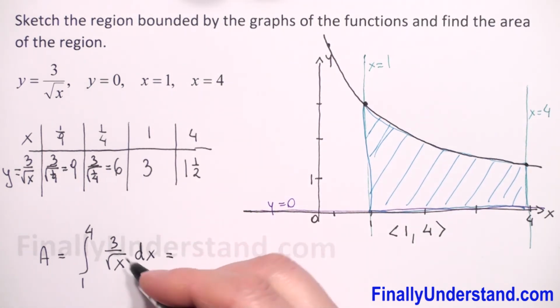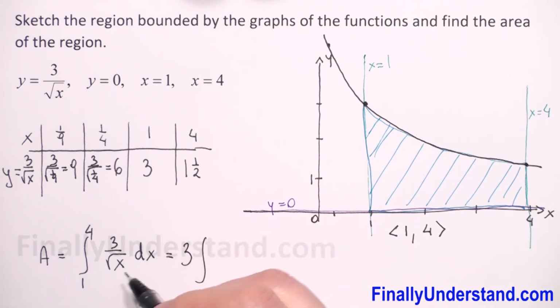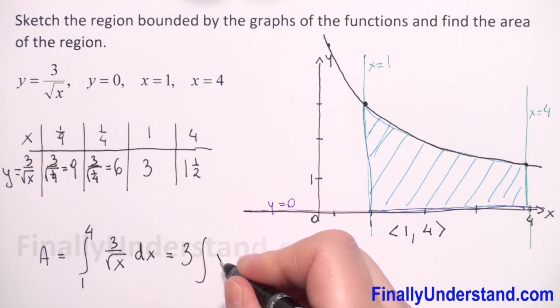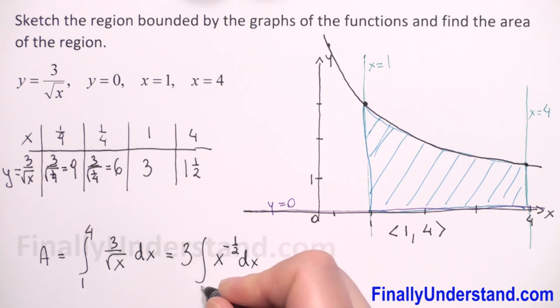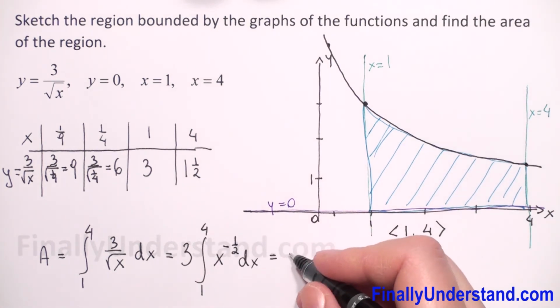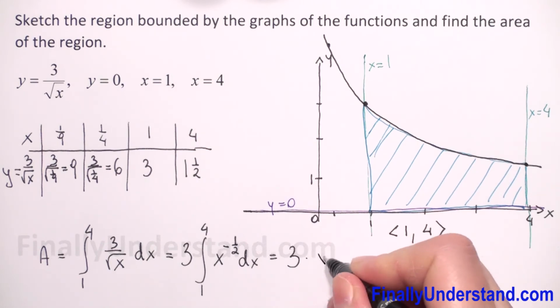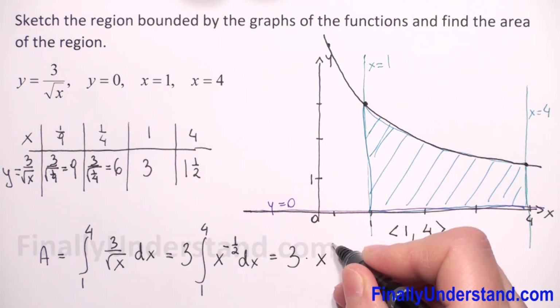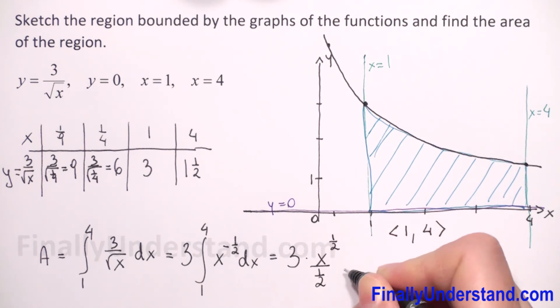So this is equal to, 3 we can put before the integral symbol. And we can rewrite 1 over square root of x as x to the power negative 1/2, dx. Of course, the limits of integration we have to rewrite. And we have 3 times the integral of x to the power negative 1/2, which is x to the power negative 1/2 plus 1, which is 1/2, over, of course, 1/2.